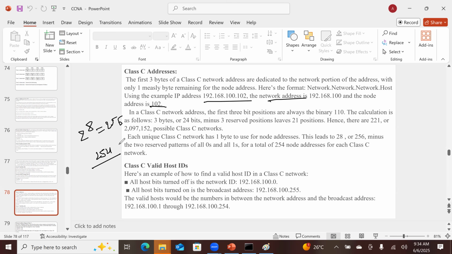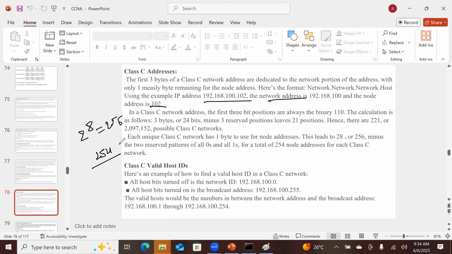So for a small network, you can go for class C, for a medium network class B, and for a large or complex network, class A.